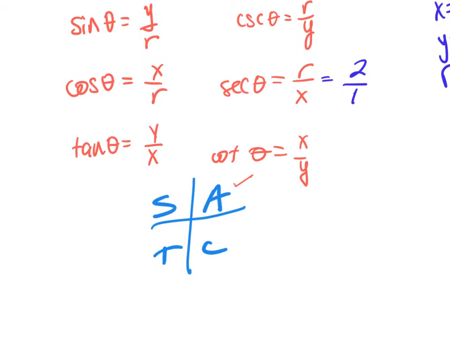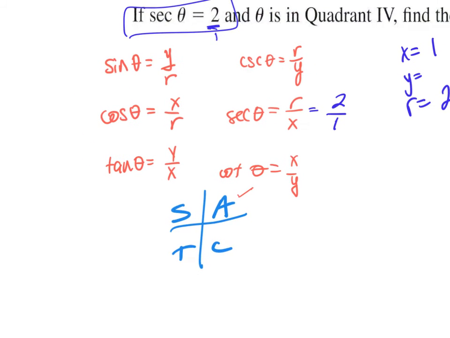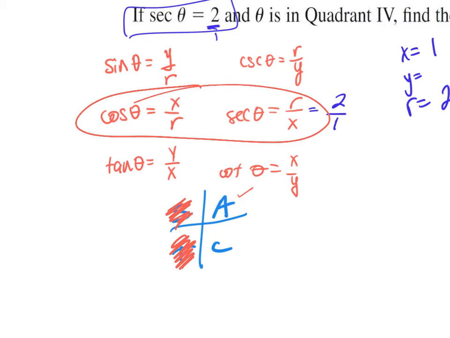Second quadrant. What's positive in the second quadrant? Sine and cosecant. So can this be here? No. In the third quadrant, what's positive? Tangent and cotangent. So is it there? No. We're talking about secant. In the fourth quadrant, what's positive? Cosine and secant. So it could be in those two places.